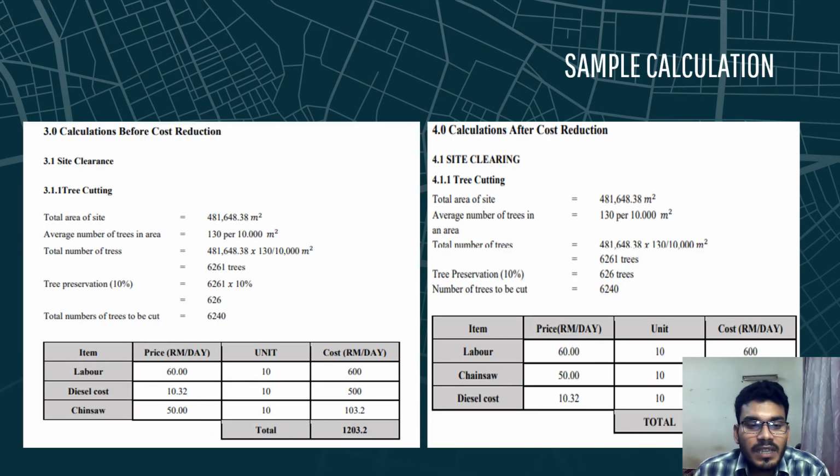So, sample calculation. The first sample is the calculation before cost reduction. For tree cutting in site clearance work, we have the total area of the site and the average number of trees, 130 per 10,000 square meters, and other values are given here.